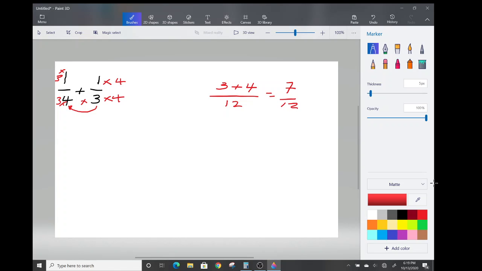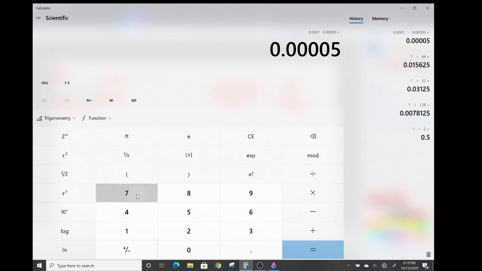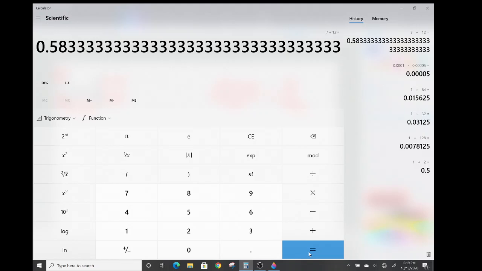And that's your answer. Except if this was a test problem, you would give me 7 12ths, or 7 in some fraction form. And then you would reduce that to a decimal equivalent. And remember, all you got to do is just divide 7 by 12, 7 divided by 12, and you end up with, oh my God, 0.583333 out to silly land, right?